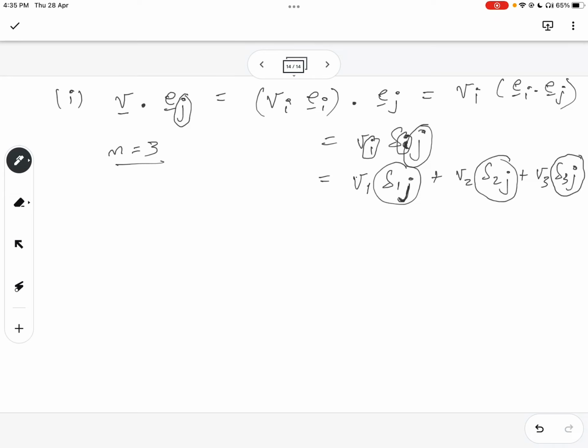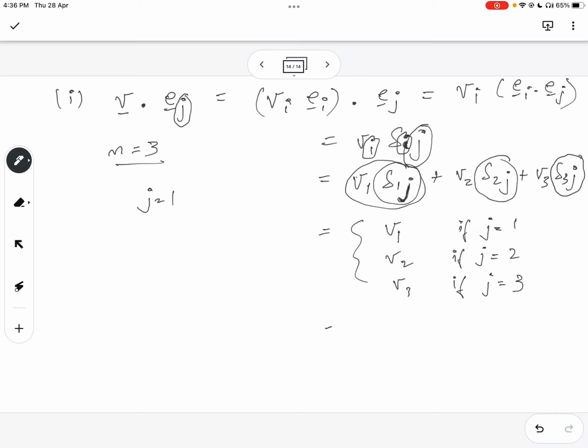So it will only be 1 when, say, J is 1, then this one will be true. So let's write it like this. V dot EJ is V1 if J is equal to 1, V2 if J is equal to 2, and V3 if J is equal to 3.